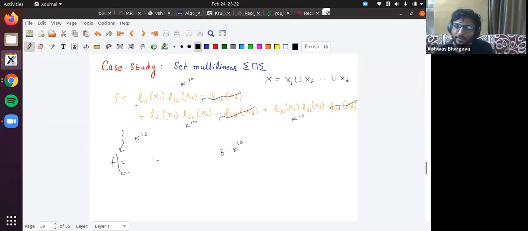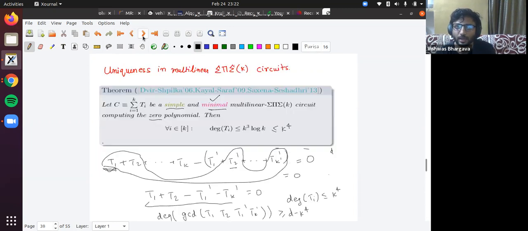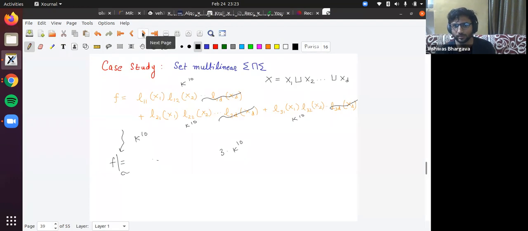And since this k to the power 10 is much higher than the k to the power 4 we are talking about here in the uniqueness, it essentially gives you whatever you learn by doing your brute force. It might not be the projection of the original representation, but it will have lots of overlaps. And using those overlaps, you can get your hands on, in particular, at least one linear form.